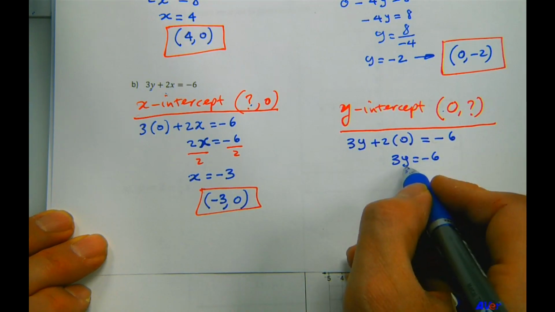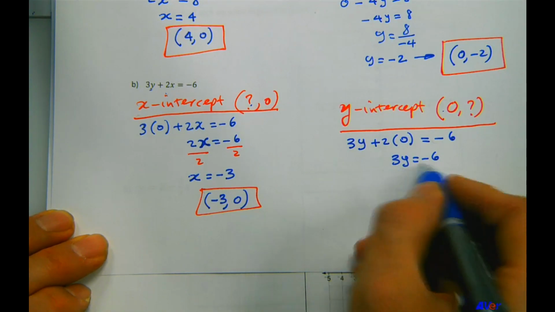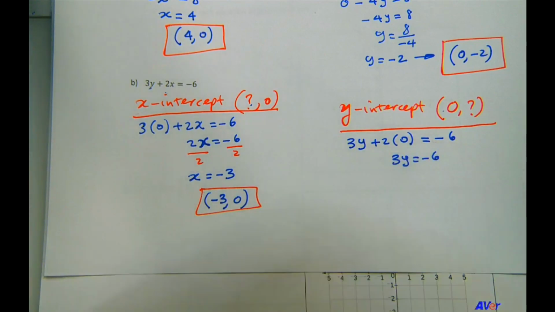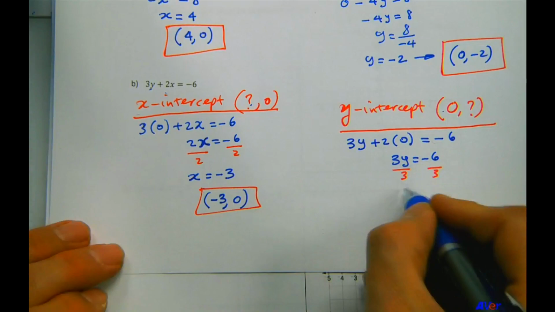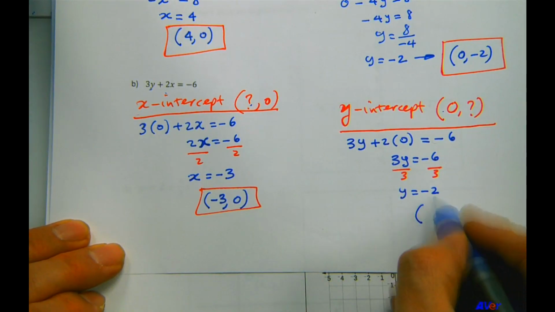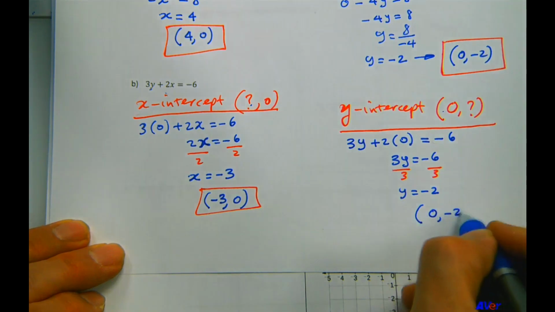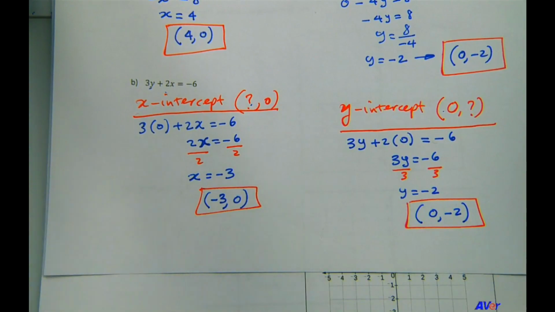We're solving for y, which means we need to isolate y. Is y isolated? No. It's got a 3 next to it. How do we get rid of the 3? We divide both sides by 3. So we have y equals minus 2, which means the y-intercept is (0, -2). Okay.